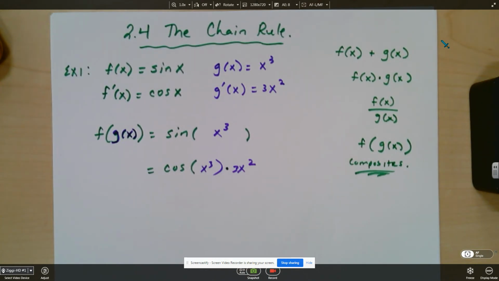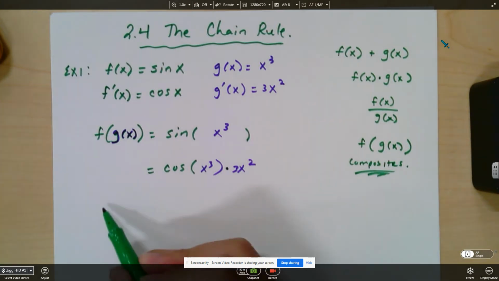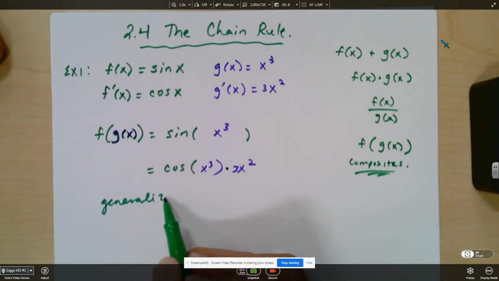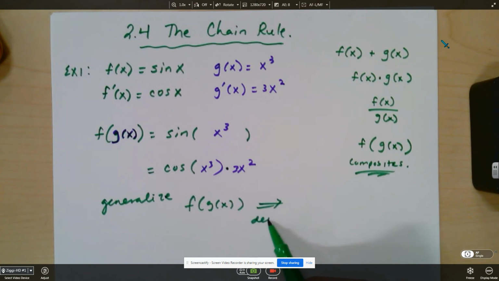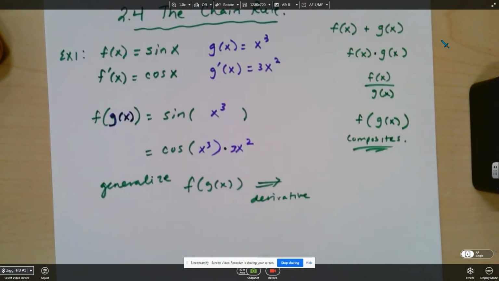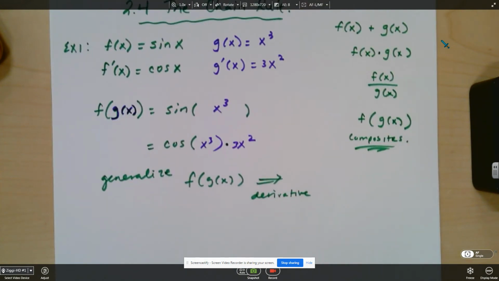Okay, somebody tell us, what did we do to the f and the g equation to generalize it? So its derivative, what did we do? Or what did I do here? Yes.